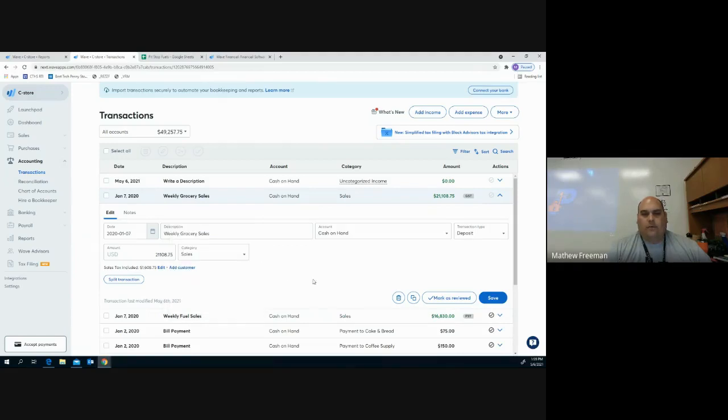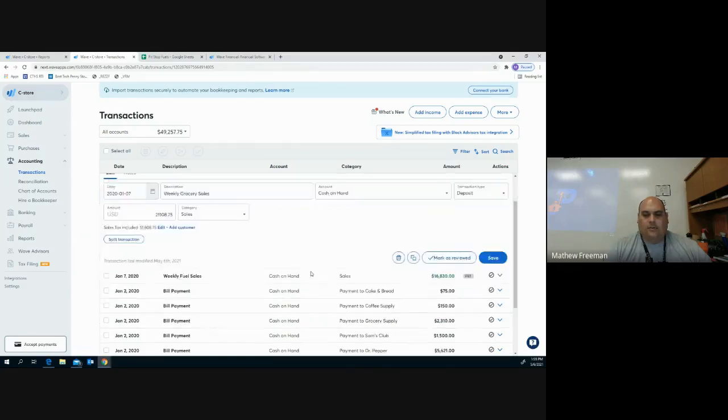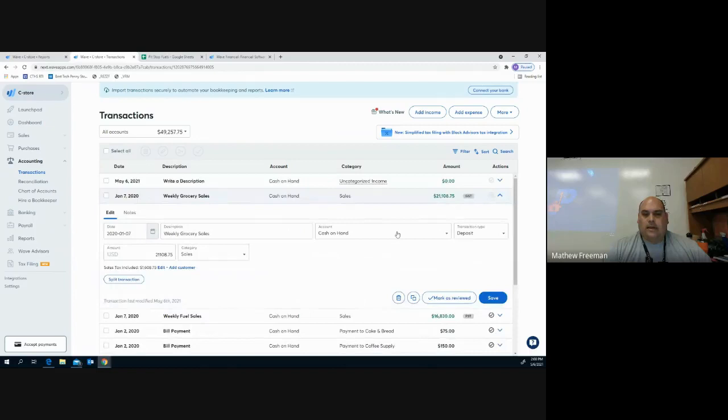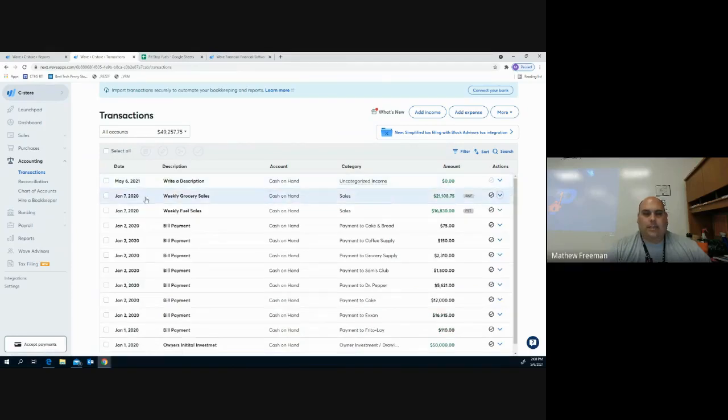So you're going to want to do that for your sales. And if there's no sales tax, you don't need to worry about it. If there is sales tax, then you need to make sure you select the correct one. You don't want to select the incorrect one, okay? And so make sure you have cash on hand sales. You hit save, and you are done, okay?